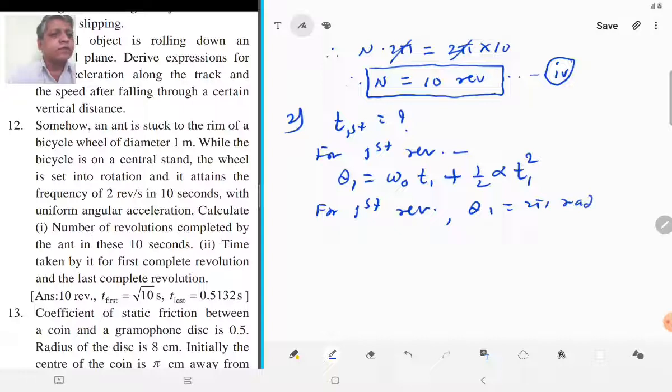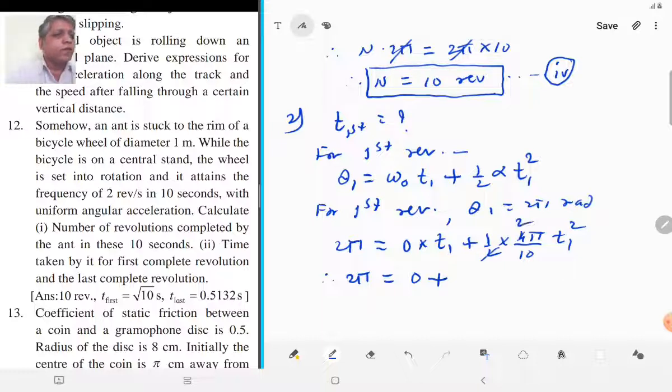Therefore the above equation becomes 2 pi is equal to 0 into t1 plus half 4 pi upon 10 into t1 square. Therefore 2 pi is equal to 0 into t1, that is 0, plus 2 1s are 2, 2 2s are 4, that is twice pi upon 10 into t1 square.